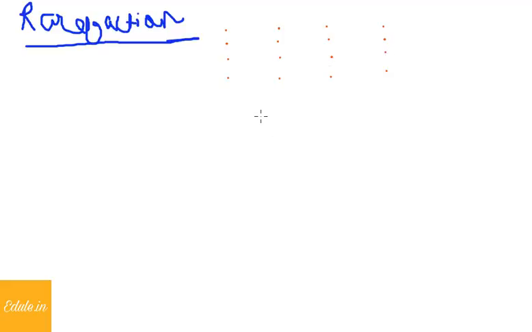So this is rarefaction, when the gap is larger than the normal gap.